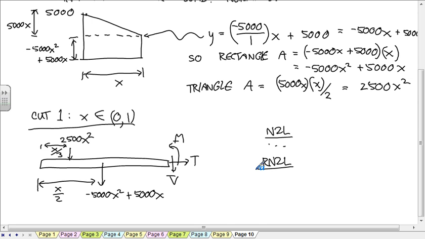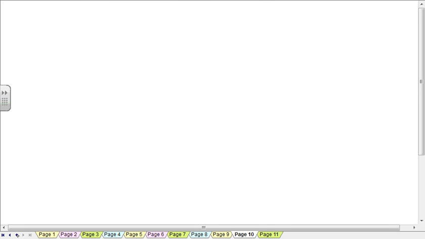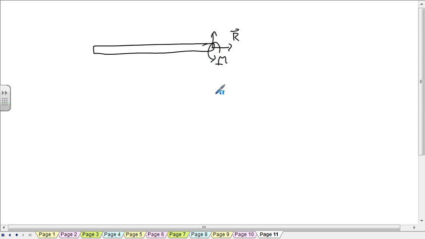So to do it from the right, first you'd calculate those external loads, whatever this is and whatever this is. And you also have to do your internal loads using the other half of the sign convention. So T like that, V up, and M like that. And yeah, you'll get the same answers that way.